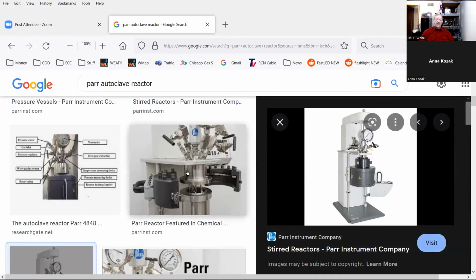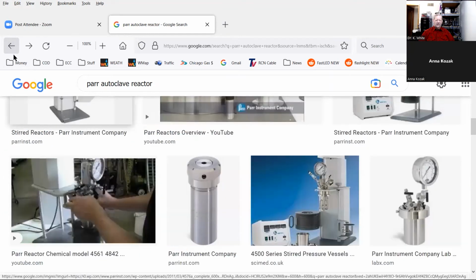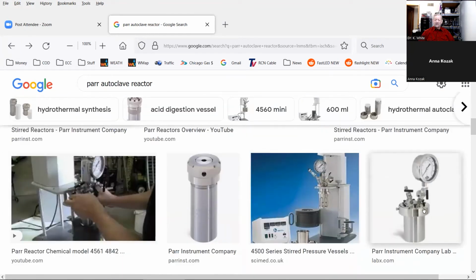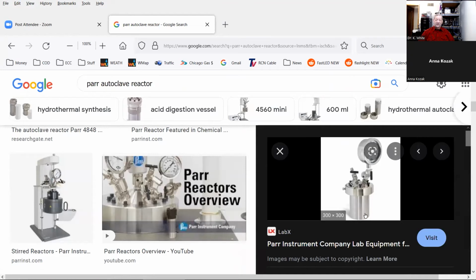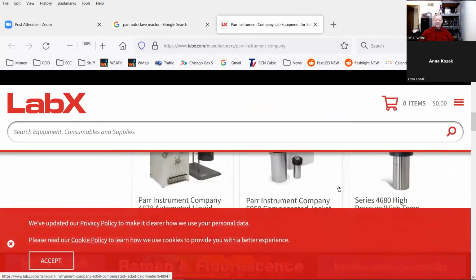And the setup we had was this type of setup with the heater and everything. Our heater was a little older than that one. But here's the type of autoclave that was my friend. No, they don't show a good picture.